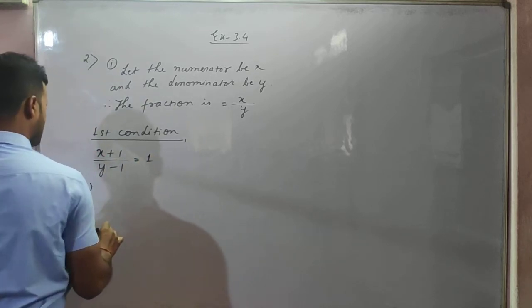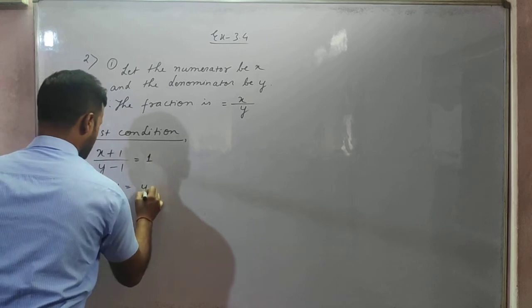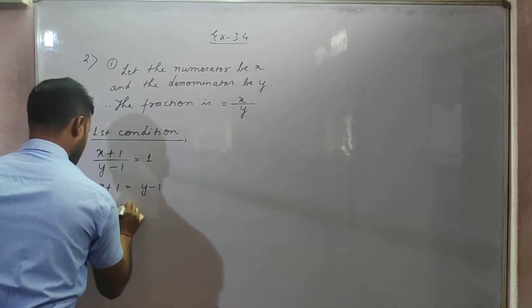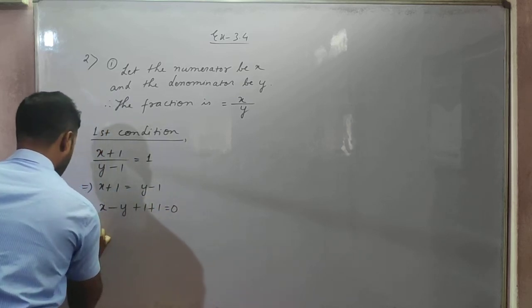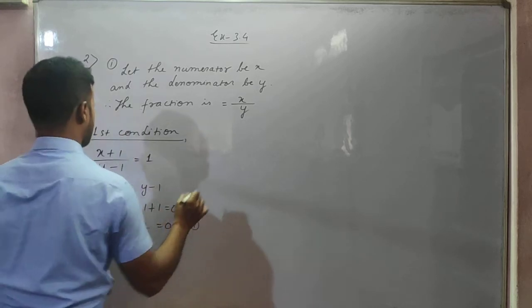So x plus 1 is equal to y minus 1, so x minus y plus 2 is equal to 0, marking number 1.